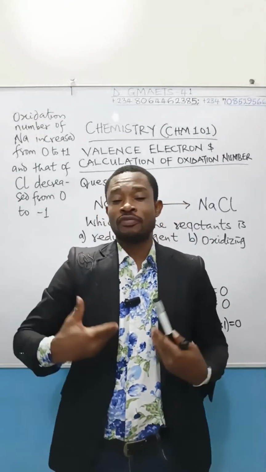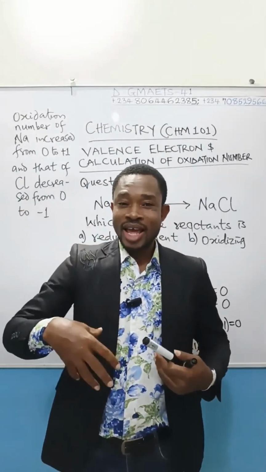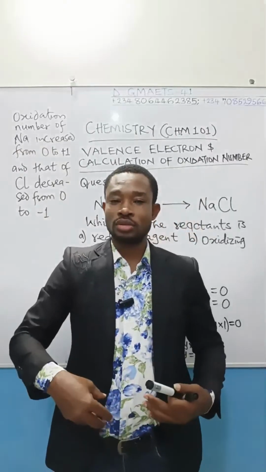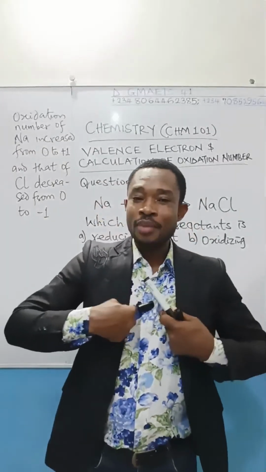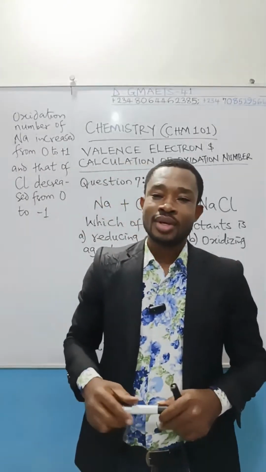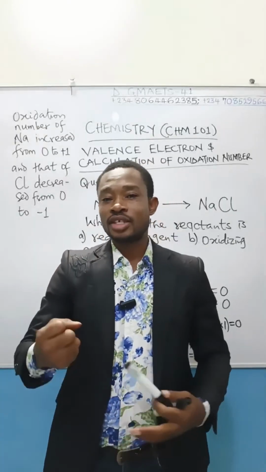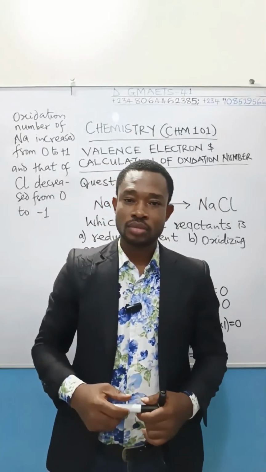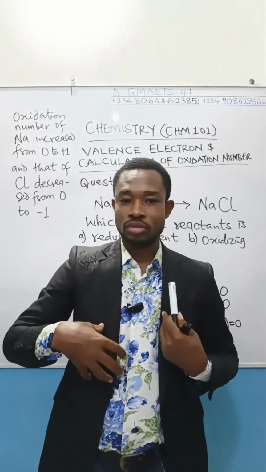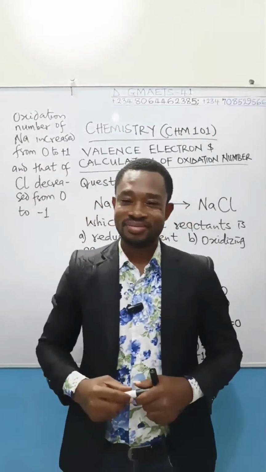I undergo reduction, for example. Something happened to me in a reaction and I was reduced, meaning I underwent reduction. Myself will now become the opposite agent, which is the oxidizing agent. Once you understand this concept, you have grasped the secret of redox reaction. I was reduced, so the process that occurred to me is reduction. Therefore, I am the oxidizing agent.